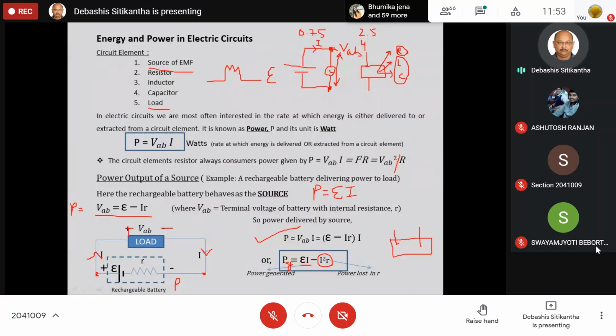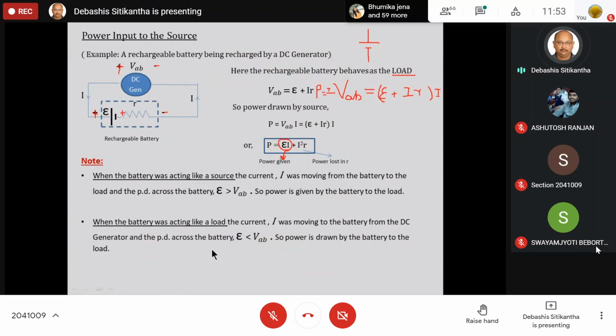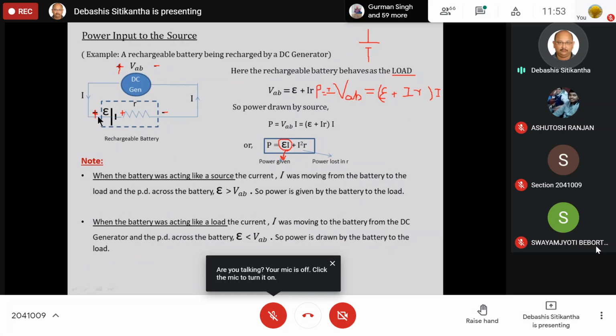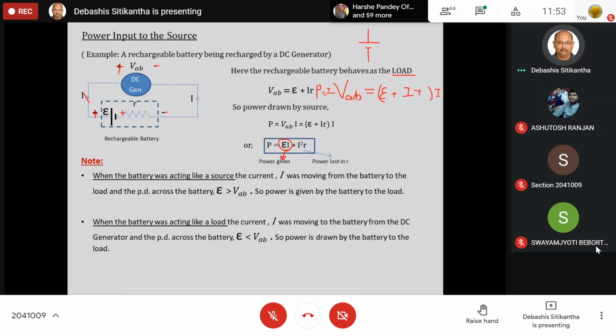Now have a look at the other case when the source is itself working like a load. In this case also there is no change in the polarity sign, but there is a complete change in the direction of the current. It is just the opposite of the previous case.